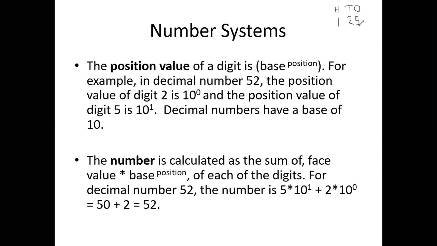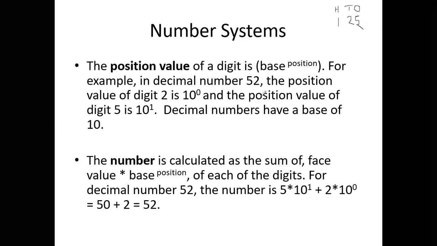But when we look at its position value, these are 5 ones, then these are 2 tens, which is 20, and this is 100. So that is the position value, and that's what we are trying to communicate here.